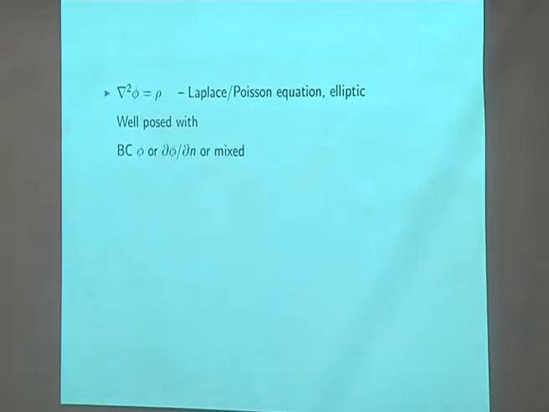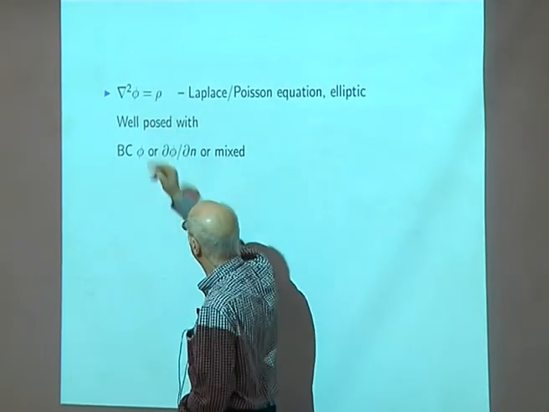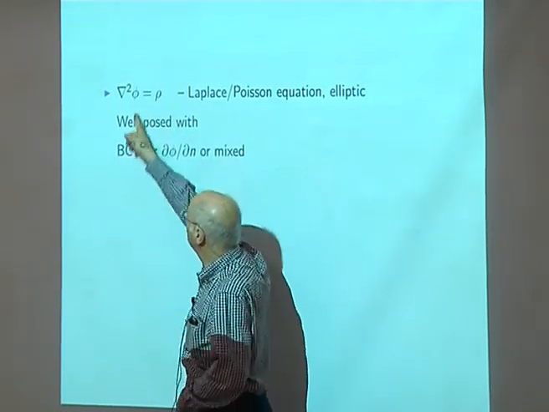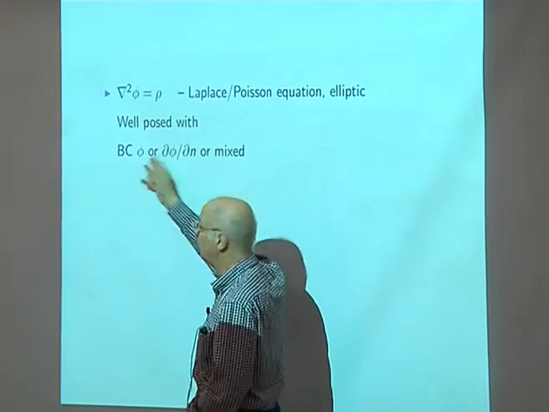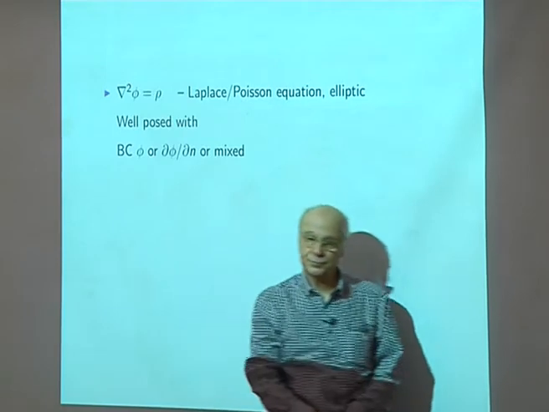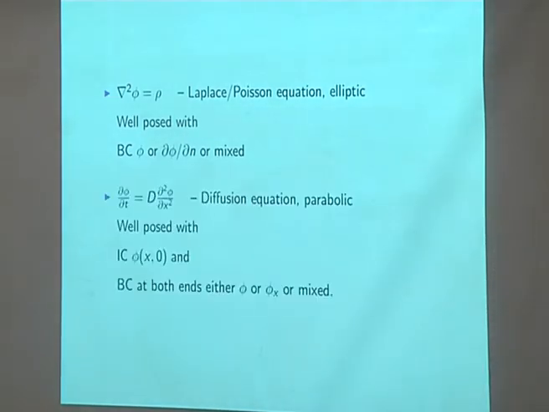Okay, Laplace's equation, we're going to end up spending all our time solving this equation. It is well posed, as is the Poisson equation with a non-zero right-hand side, if you tell me the function's value on the boundary or its normal derivative or some mixture between the two. Is that all? Oh, and the diffusion equation.